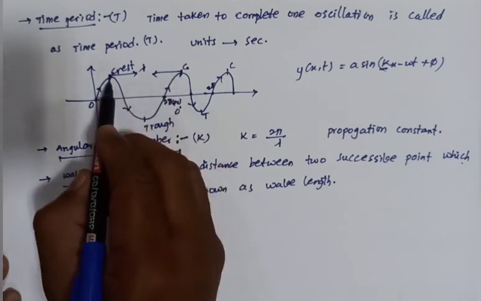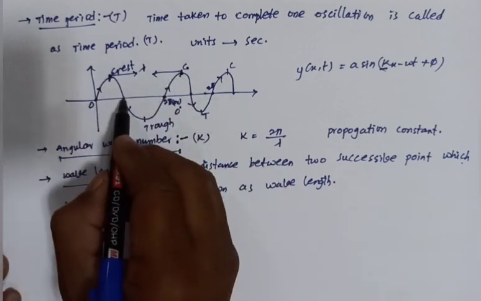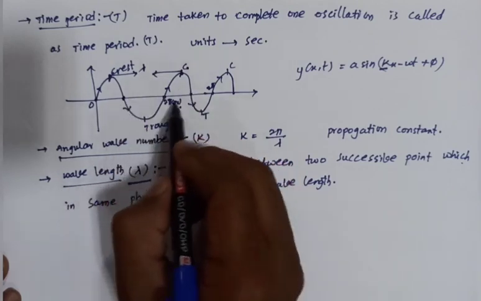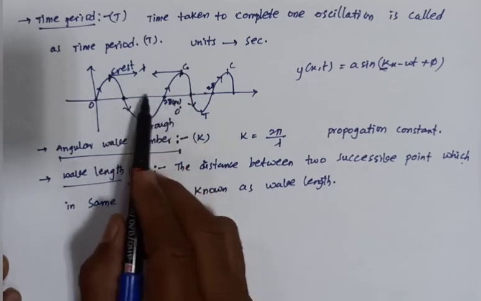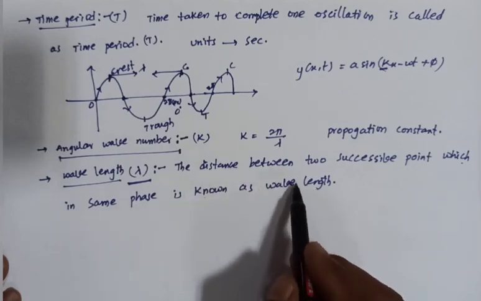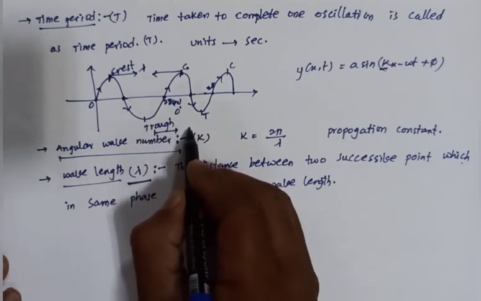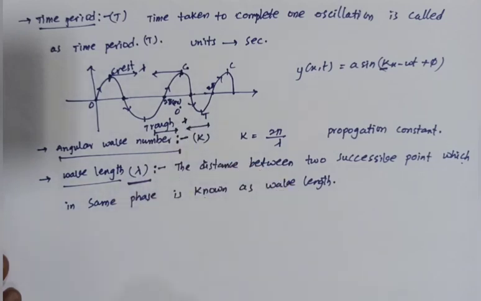Here pi by 2 and here also pi by 2. The distance between two troughs is also lambda. So, wavelength. Next one, angular frequency.